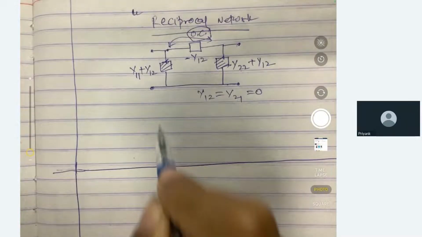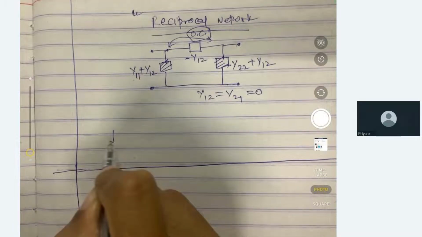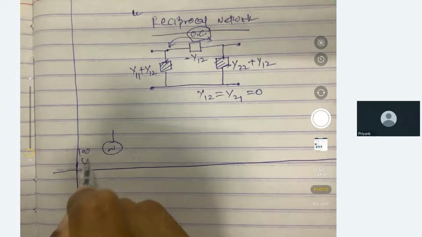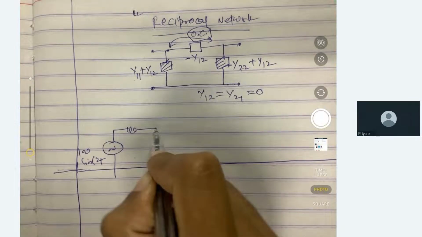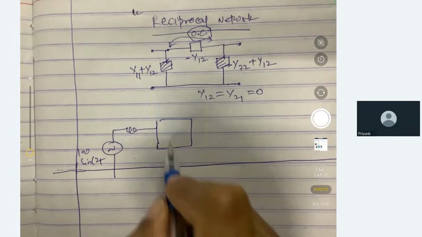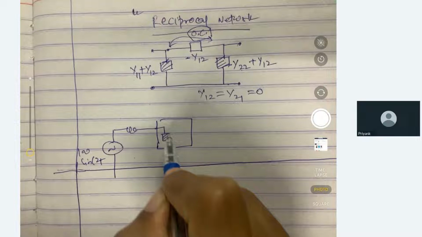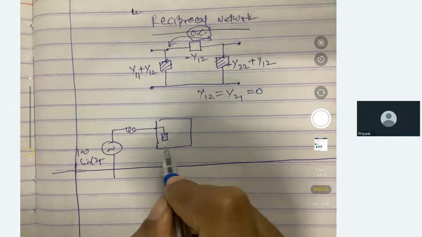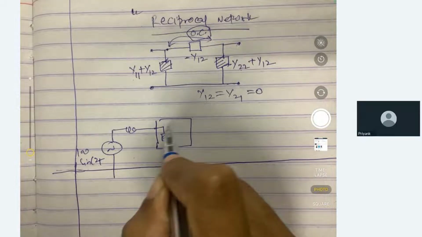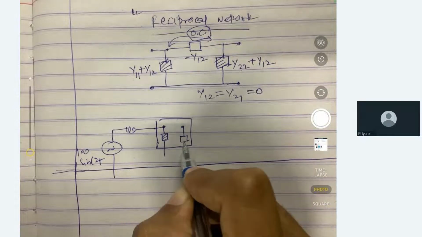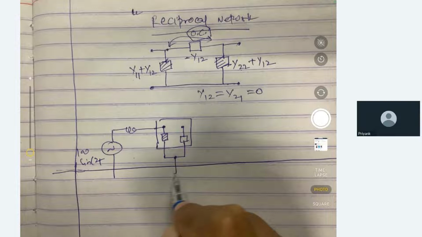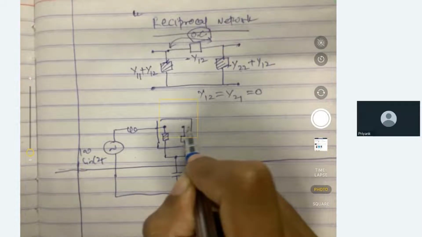Let us draw the equivalent, and then let us draw the complete circuit. I am showing the open here. This is the 200 ohm load.